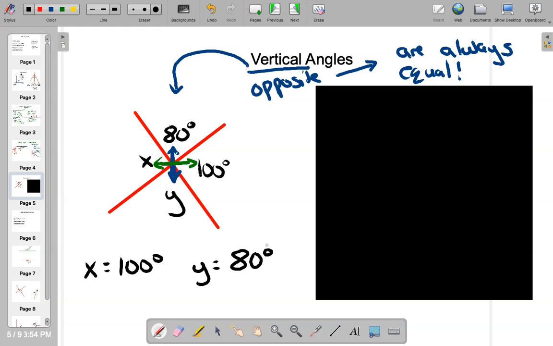Because they are vertical angles from each other, I can double check that by remembering that we have two supplementary angles here to here and supplementary angles here to here. And we know that 100 plus 80 equals 180. So we are right on two different methods.